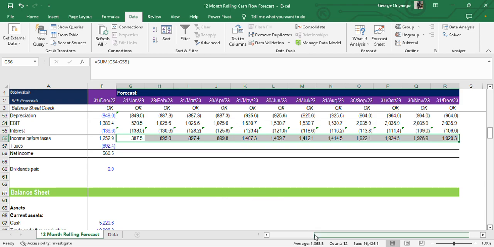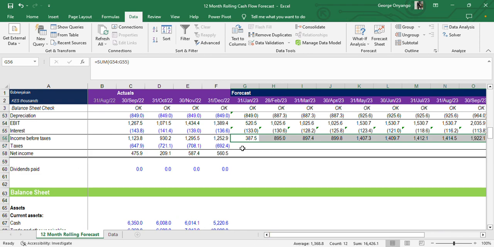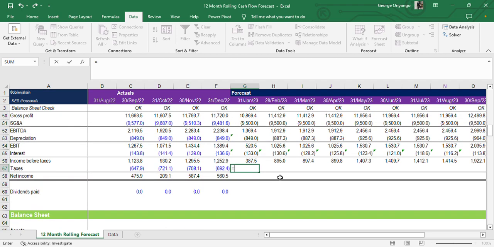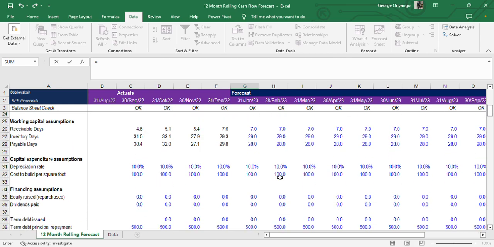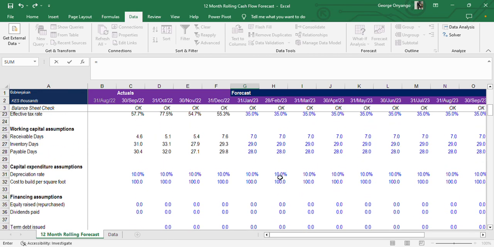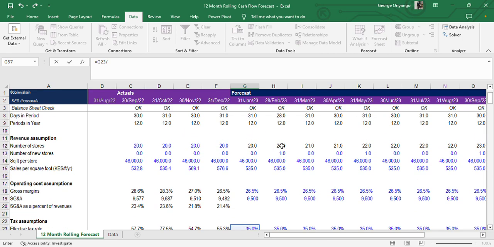Then we also have here taxes, tax rate, we have effective tax rate, it's just going to be that divided by the number of periods.